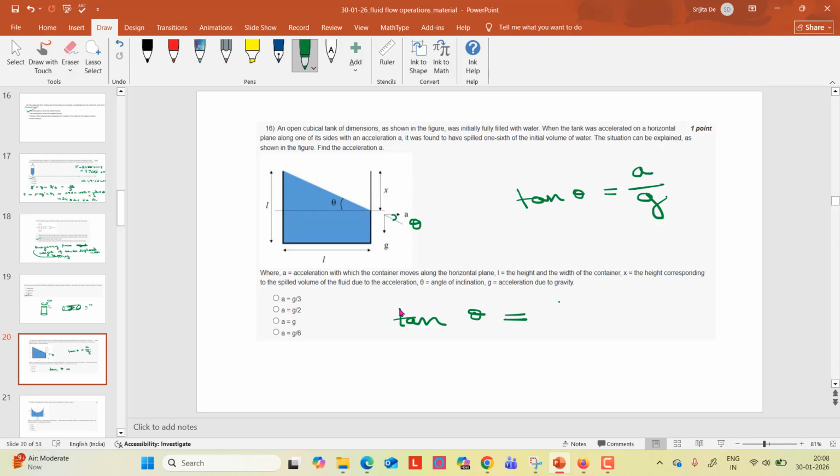that is, top distance is x, bottom distance is L. Also x equals 1/3 of L. So this is 1/3 of L by L. This is 1/3.